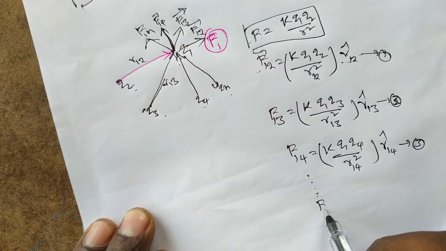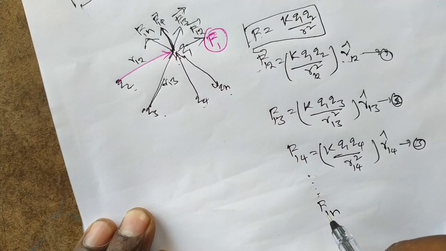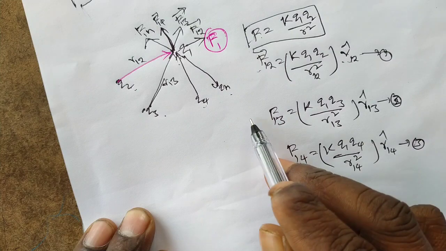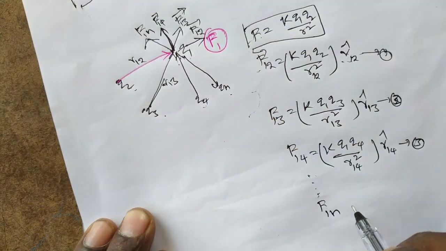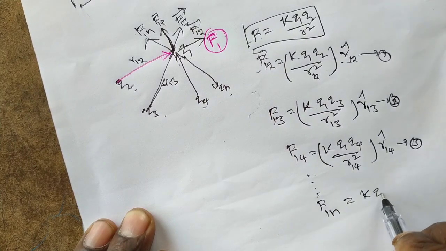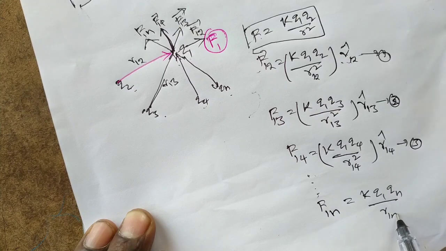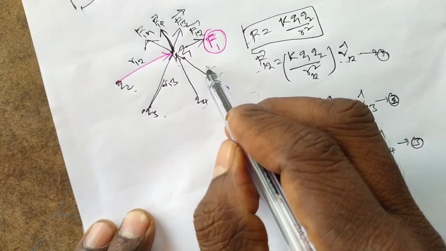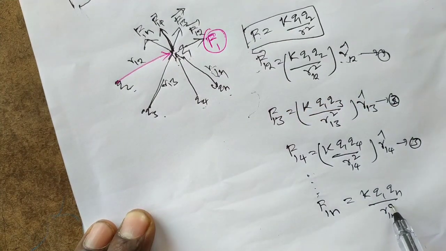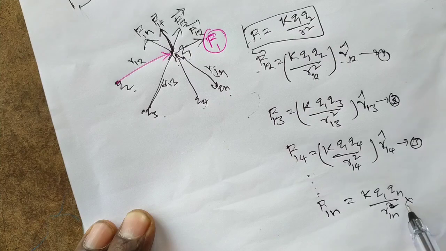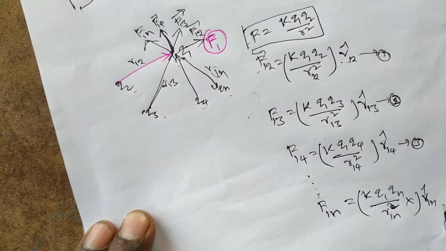Now we can write down up to n, the force F1n. The force on the first charge due to the n-th charge, F1n, is equal to K Q1 Qn by R1n square, in the direction R1n cap.